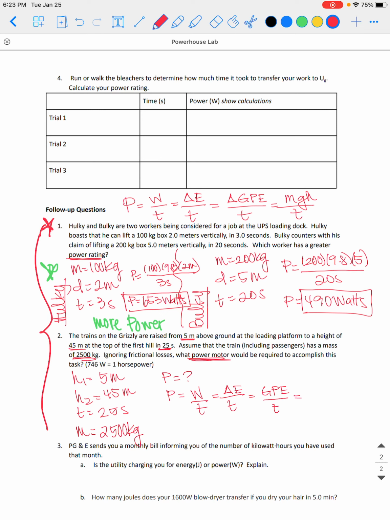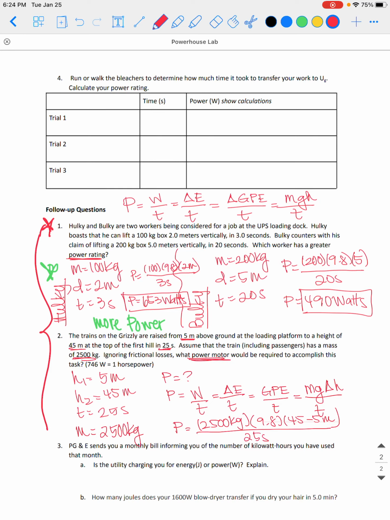So we don't want to just plug in 45 as the height, but we really want the change in height. So instead of mgh, we're going to call it mg delta h, to get the change in height over time. So plug in those values: 2,500 times 9.8 times a change in height of 45 minus 5 meters, all over 25 seconds.